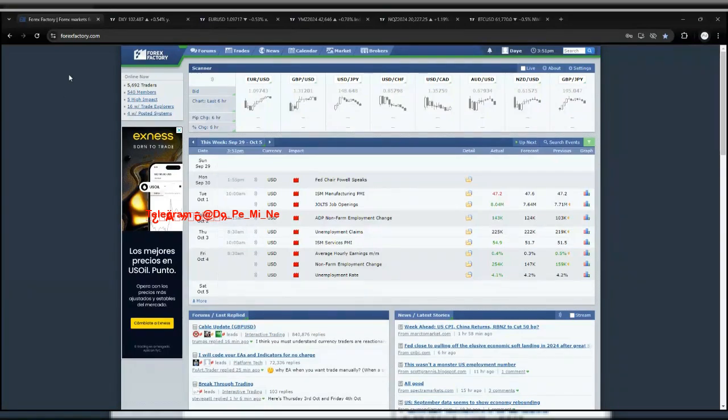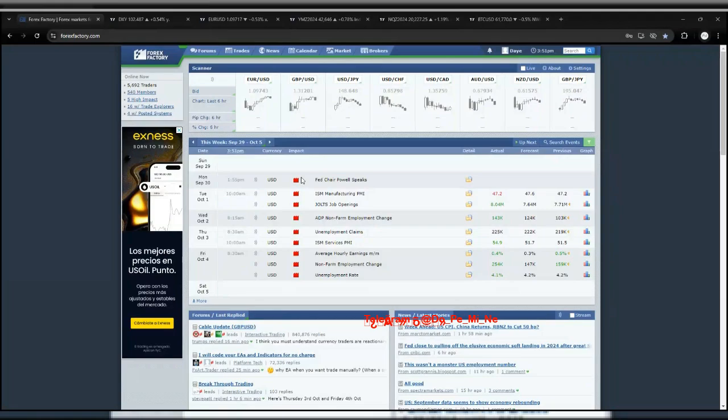For example, the previous week, we had news events on every single day, right? That's low probability. Weeks that are high probability will have news events on 3 days or less, right? So less is more here.